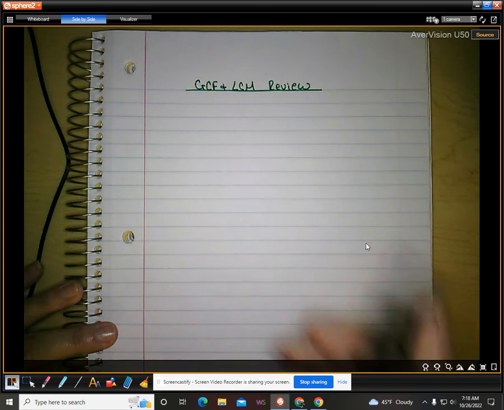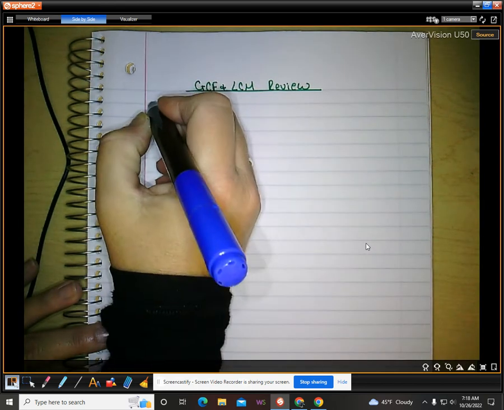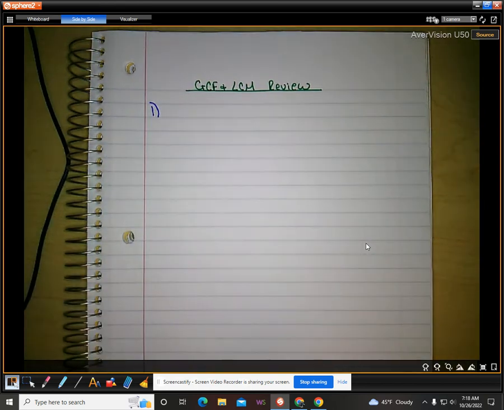For both of these, the very first thing you have to do, and you're writing these notes in your notebook, and then you will take a picture and submit them to the Canvas assignment today.